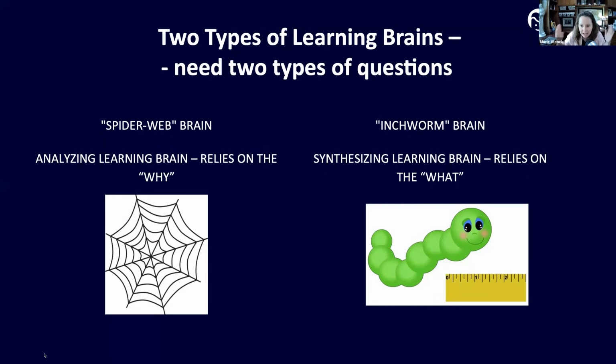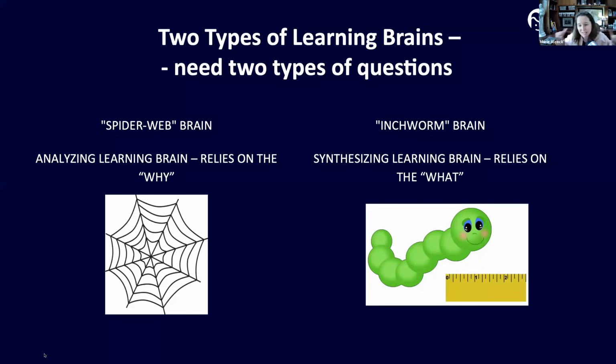Every single day, I need to have available and clearly aligned an essential question for my spiderweb brain moments and the breadcrumb trail of the learning targets, the content and skills, for my inchworm moments, because my students every day are going to be using those as entry points into the learning and for what they're going to retain. That's at a lesson plan level that has to be available.